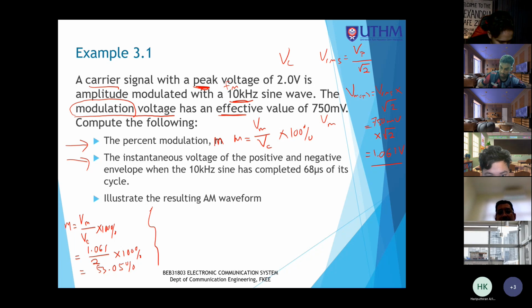And then what? The instantaneous voltage of positive and negative envelope when 10 kilohertz of sine wave has completed 68 microsecond. Apa maksud dia? Dia tanya berapakah nilai positif dan negatif of the envelope. Kenapa macam tu?